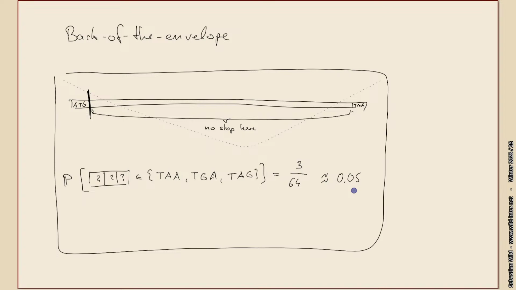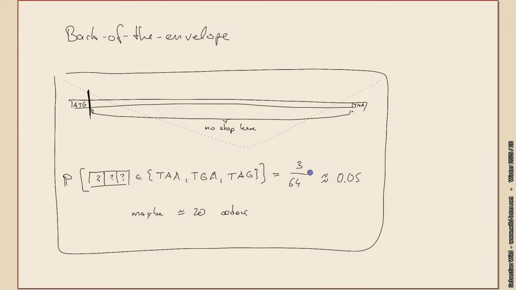So maybe around 20 codons. Another way to say it is if you look at the codons, out of 64 codons, 3 are stop.